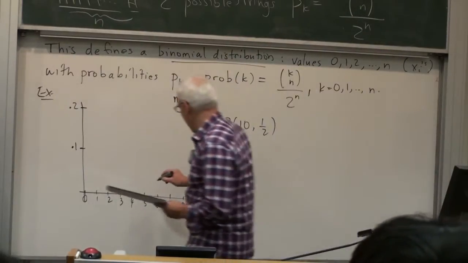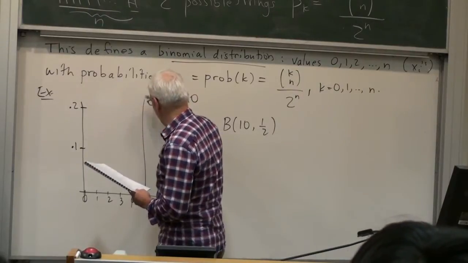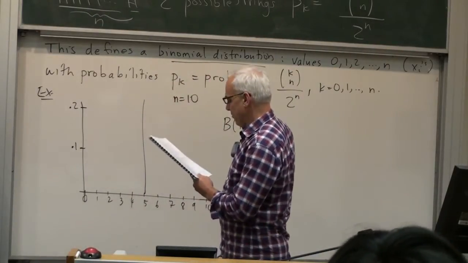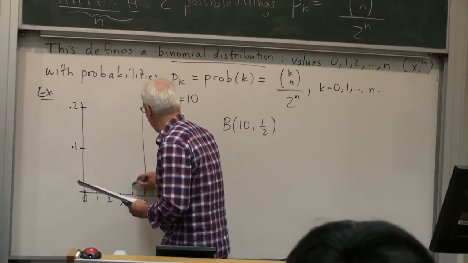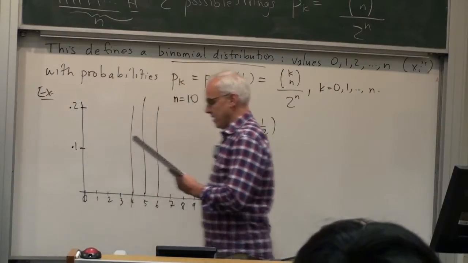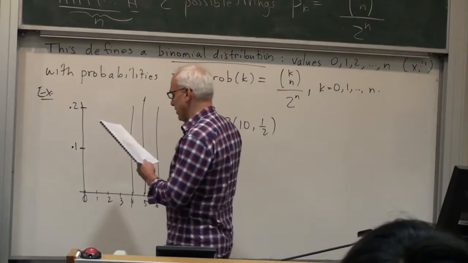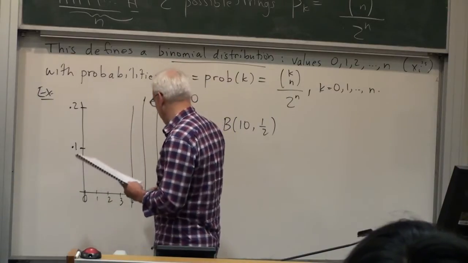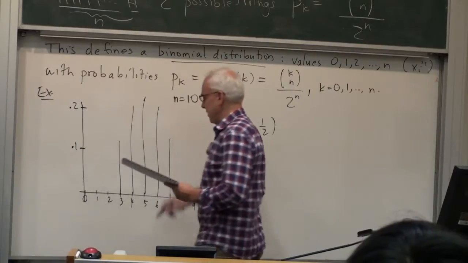Okay, so the biggest probability is at 5. The probability at 5 is just a little bit more than 0.2. The probabilities of 4 and 6 are equal. They go up to about 0.2. The probabilities of getting 3 and 7 are equal, about 0.12. Something like that.